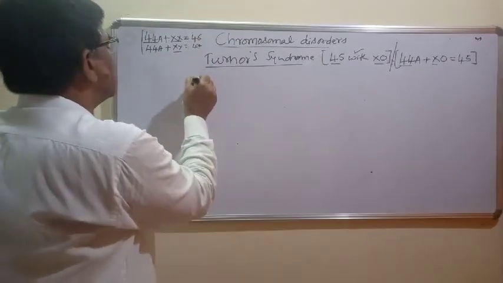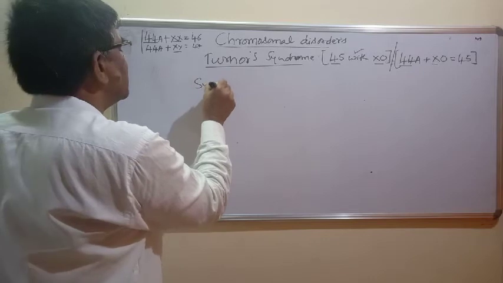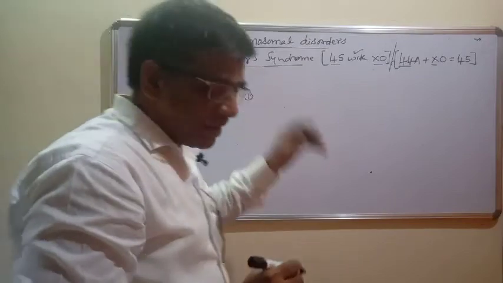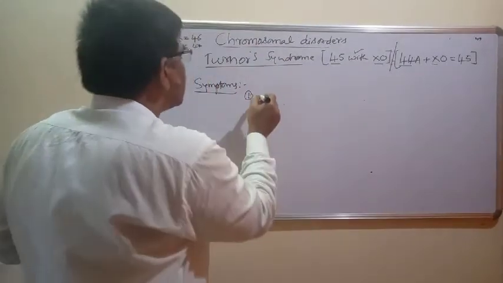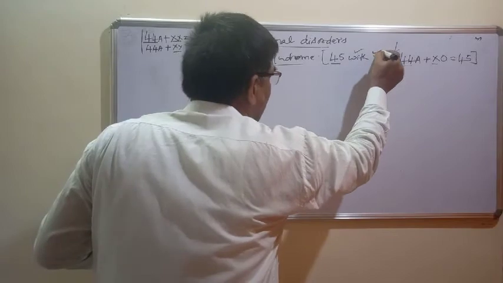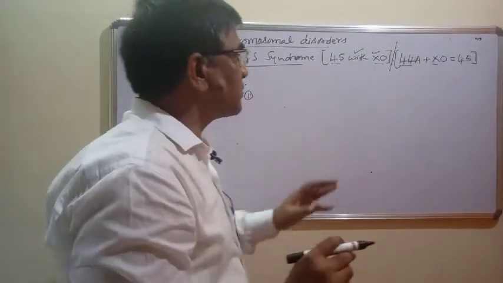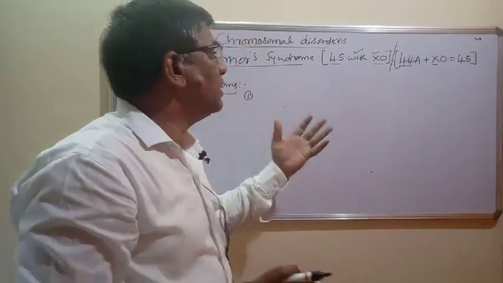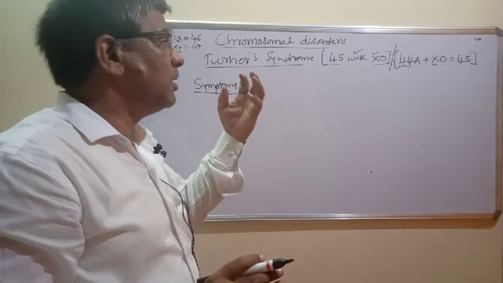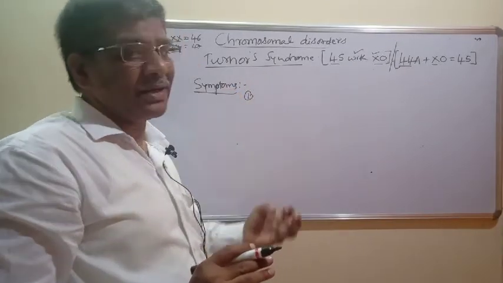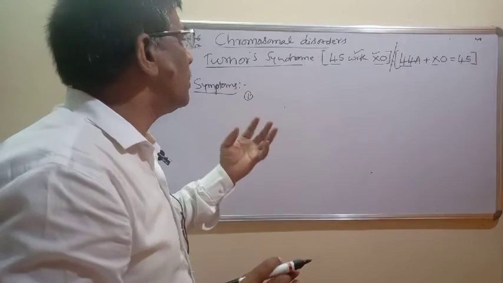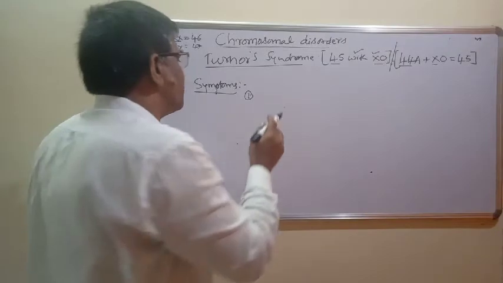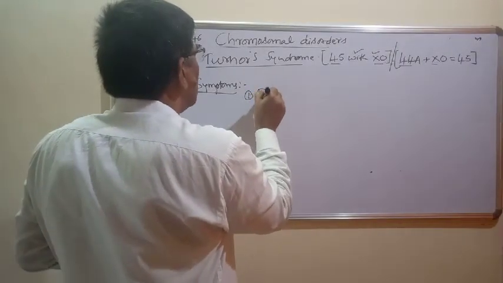Now what are the symptoms here? What are the symptoms of this disease? You can easily understand that since the individual is female, what characteristics must she have? Well-developed female characteristics, like a well-developed reproductive system, skin characteristics and voice characteristics. They all exhibit some female characteristics. But here that femaleness will not be there in a female individual because there is a rudimentary ovary.